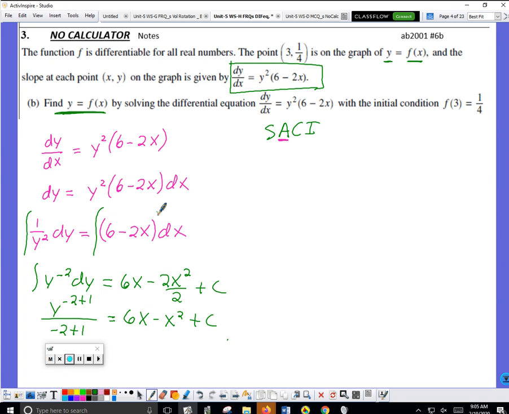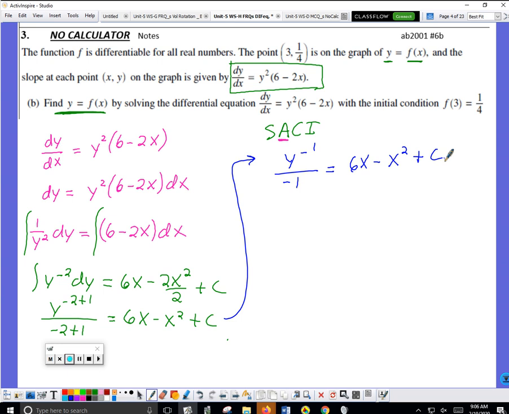So what I have now is y raised to the negative 1 divided by negative 1 is equal to 6x minus x squared plus c. Cool.